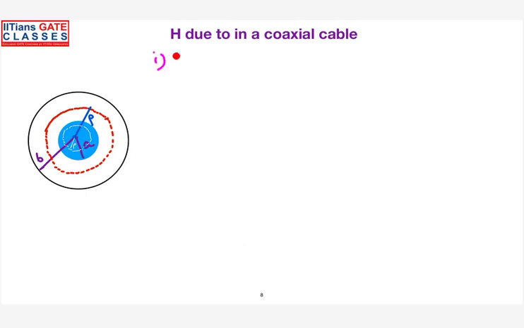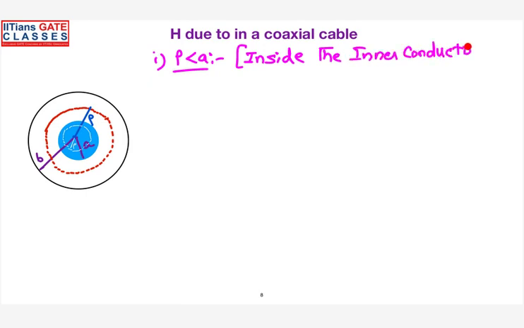The first case is rho less than A, you are inside the inner conductor. Can you tell me what is the current enclosed? This is my loop I have considered. How much current is enclosed?